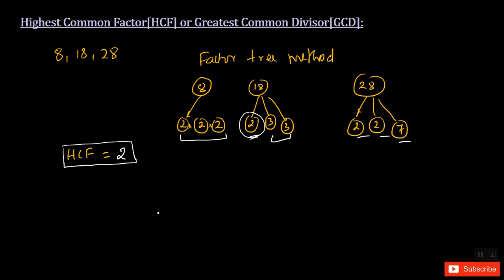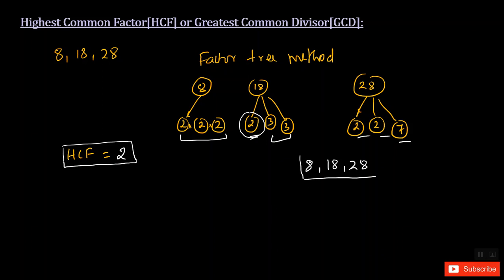So let me show you another way also. I can also solve it in this way: 8, 18 and 28. While finding the highest common factor, what we need to do is try to divide by prime numbers, or I can also say the numbers by which all three are divisible together.